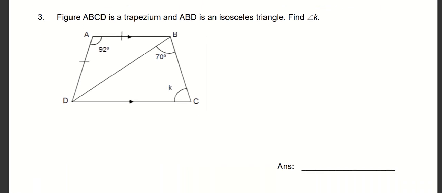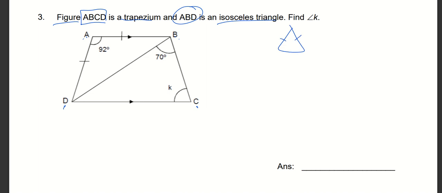We have A, B, C, D, a figure here. Okay, I have the habit of pointing my fingers or tracing around the shape as I read. It's a trapezium, so that it can guide my eyes to see where that figure is. And then you have A, B, D being an isosceles triangle.